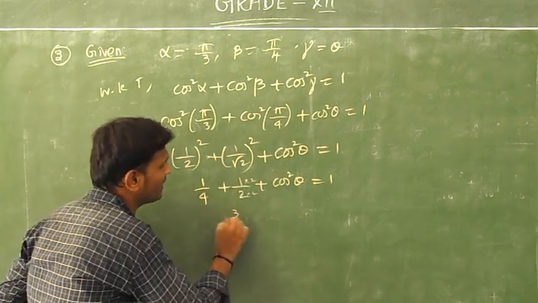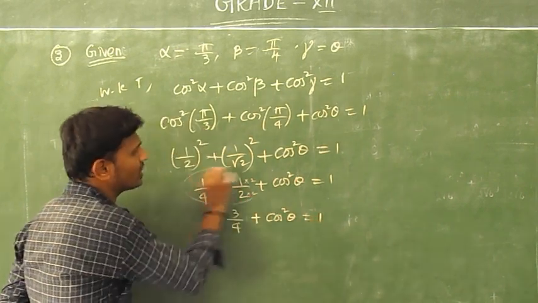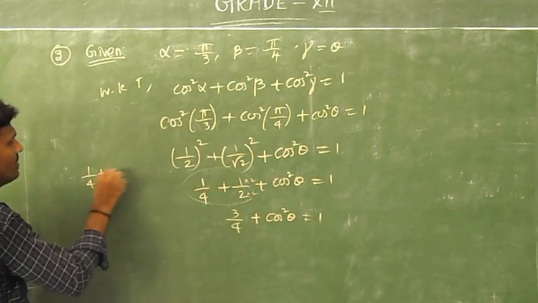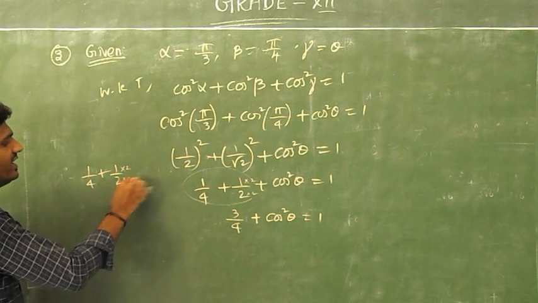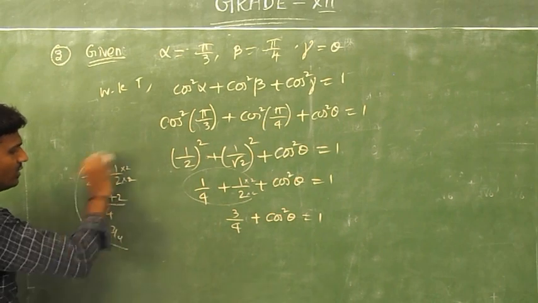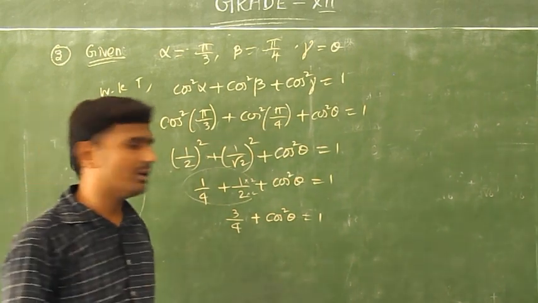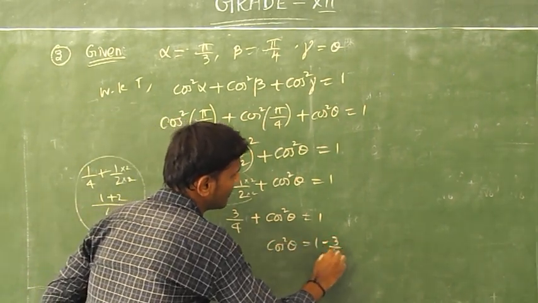Then 3 by 4 plus cos square theta is equal to 1. Have you understood this? 1 by 4 plus 1 by 2, taking the LCM of the denominator 4, it will be 1 plus 2, so that is 3 by 4.